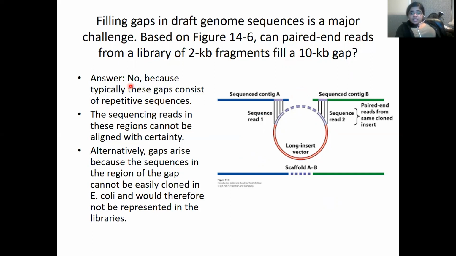And the answer is no, because typically these gaps consist of repetitive sequences, and sequencing reads in these regions cannot be aligned with certainty.